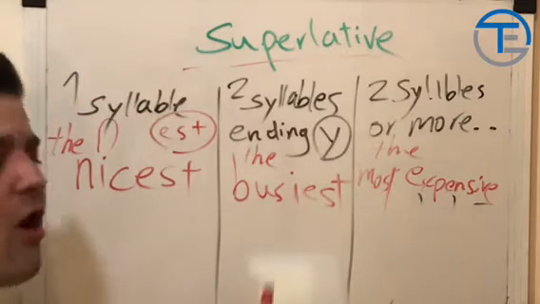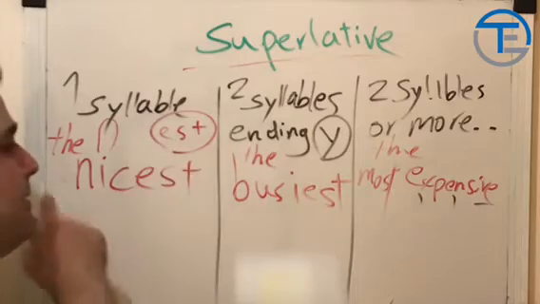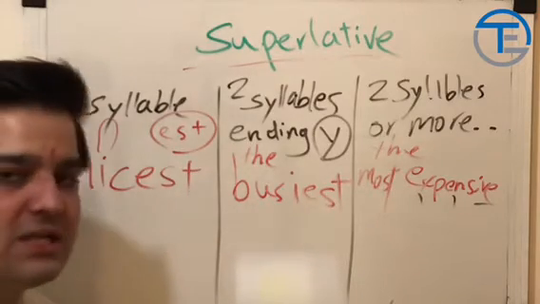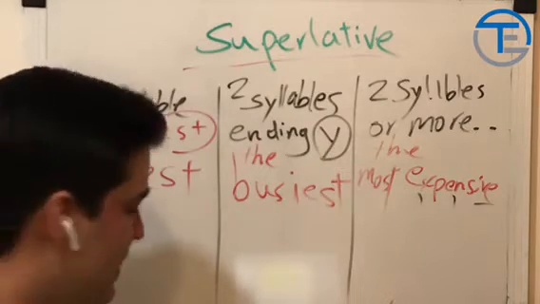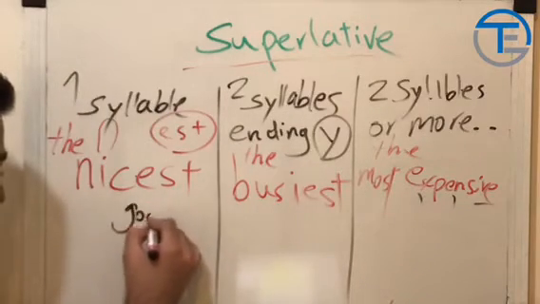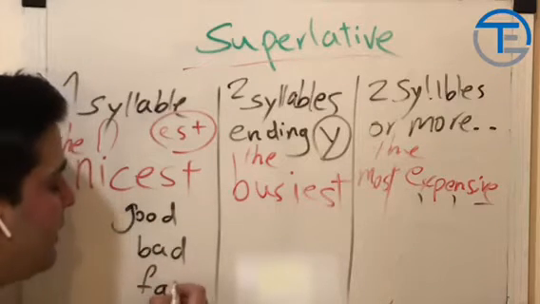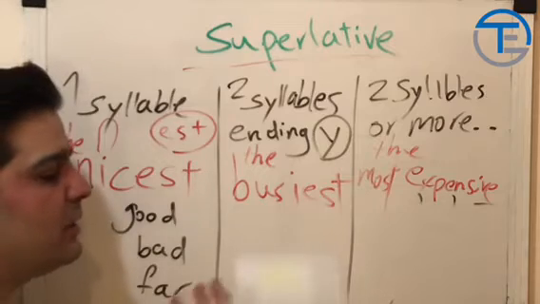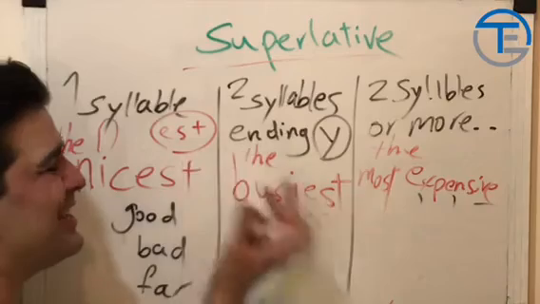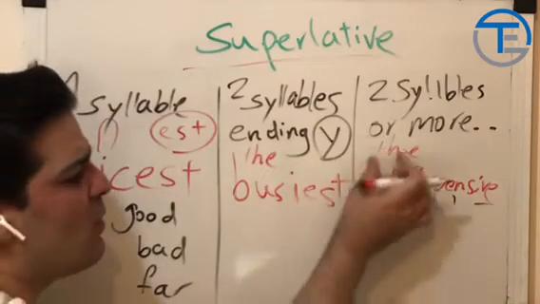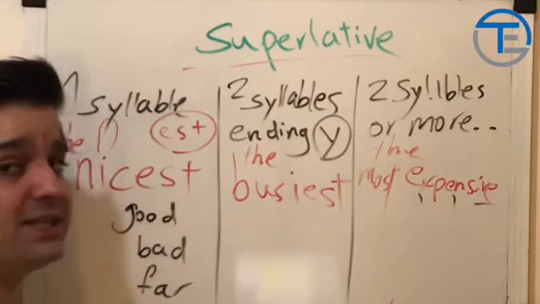Here just add y, est, the busiest, and here just add est because we have just one syllable. Nicest, the nicest. Now we have some irregular adjectives like good, like bad, like far. Irregular means something is not normal, so you can't add est or iest or the most. It's going to change completely.